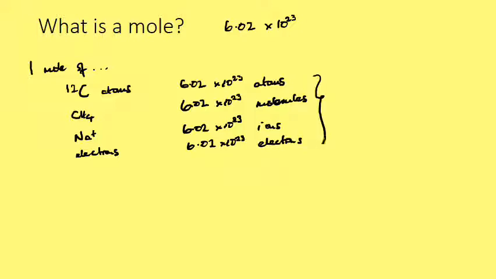So collectively, let's call them particles. Then we can define a mole as roughly 6.02 times 10 to the 23 particles. And it doesn't matter what the particles are. In fact, you could have a mole of penguins if you wanted.